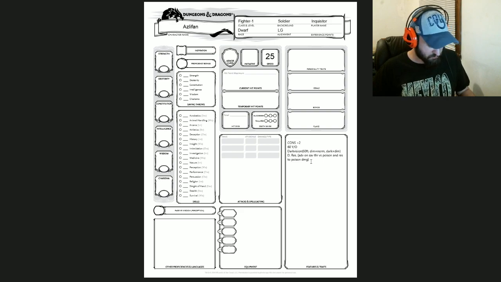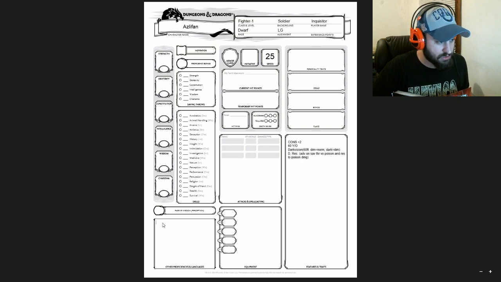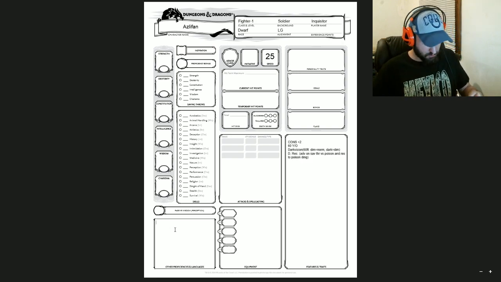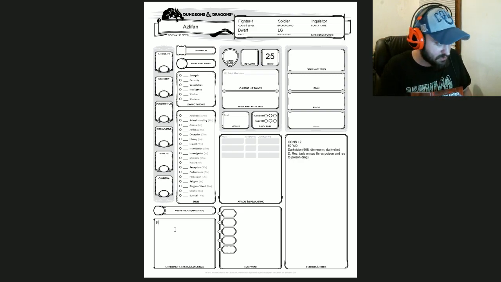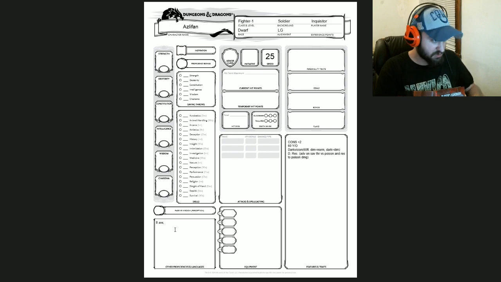Then you have Dwarven Combat Training. You have proficiency with a battle axe, hand axe, throwing hammer, and war hammer. I do not put that here. I am gonna put that right here in the proficiencies. So we chose battle axe, hand axe, throwing hammer, and war hammer.